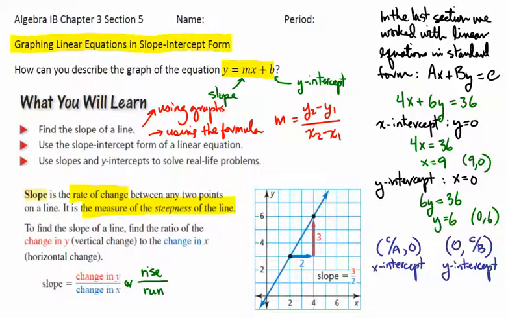I'll point out one more thing. If you notice in this graph to the right, we have a graph that passes through the origin and also passes through the points 2, 3 and 4, 6. You notice that in the book they measure the horizontal change first and then the vertical change. But since the slope is the ratio of the change in y to the change in x, I would prefer to first measure the change in y.